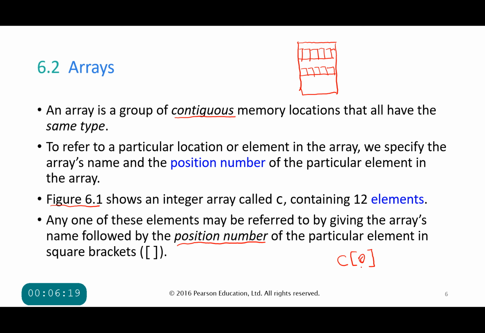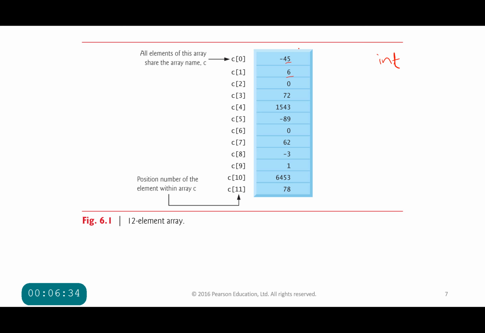So if we want to access the first element of an array, we can write this as C square brackets 0. Now notice that the index value starts from 0. So the first value of an array generally is referred to using index number 0.